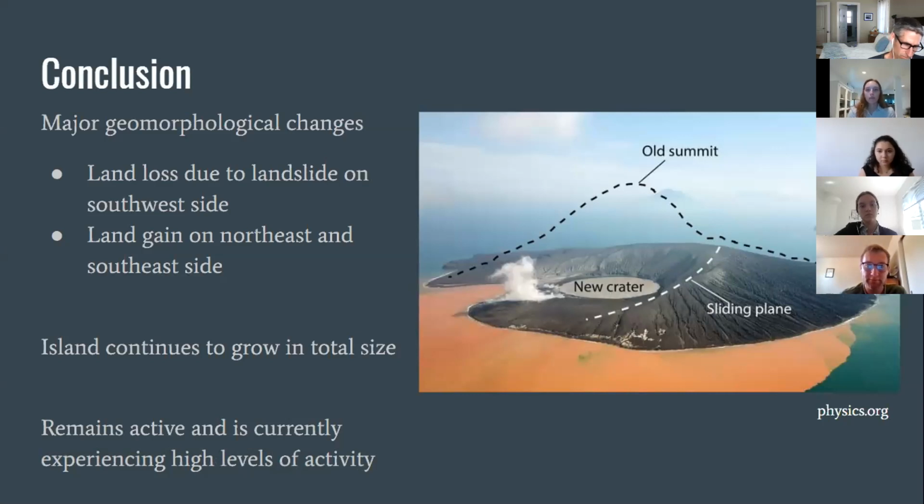Anak Krakatoa remains active and is experiencing high levels of volcanic activity according to hazard reports from the Volcanological Survey of Indonesia. And as I stated before, this information can be very useful to people like government officials to monitor volcanic activity and risk assessment and plan accordingly.